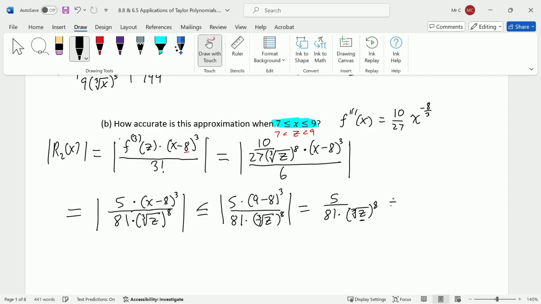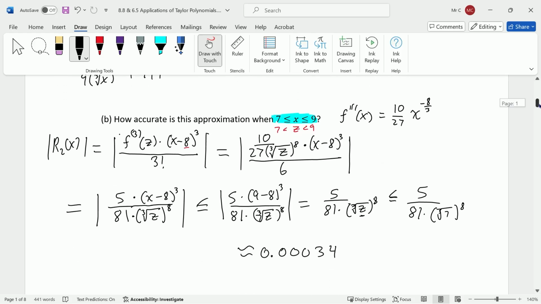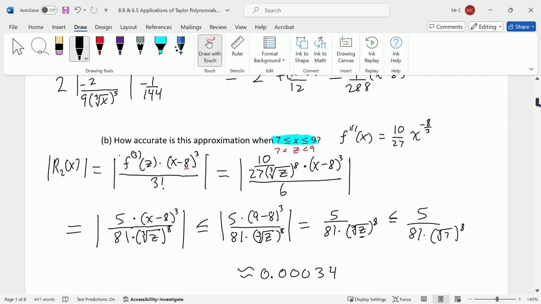And so this is less than or equal to 5 over 81 times the cubed root of 7 to the 8th power. Okay, so that gives me an upper bound for the whole expression, and when you plug this into a calculator, you get approximately 0.00034. And so, yeah, that's what this says. This Taylor polynomial is going to give me accuracy out past the third decimal place as long as I'm in the interval from 7 to 9.